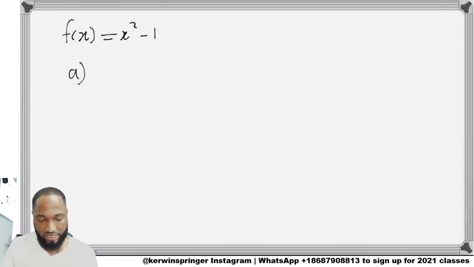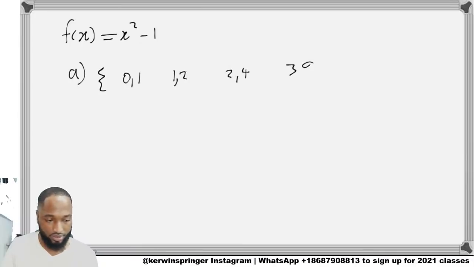Jamaica. Shan from Jamaica. Which of the following sets represents the function f of x is equal to x squared minus 1? Popular question like this. CSEC loves to bring questions like this. I hate to write questions like this because I write ones that are random numbers.